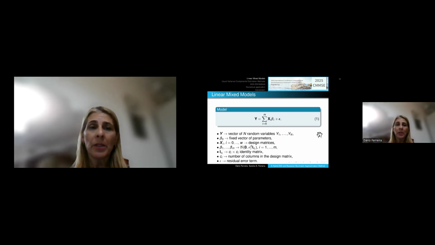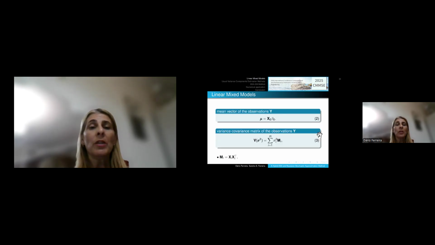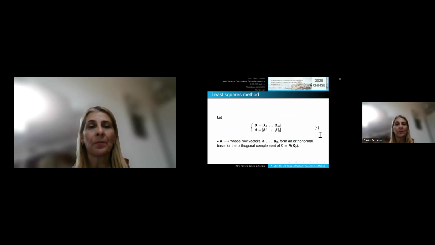Let's start by considering linear mixed models, as we have here in 1, with these conditions. The mean vector of the observations y is like we have here in equation 2, the variance covariance matrix of the observations y is in 3, where we consider matrices M_i equal to X_i X_i transpose.